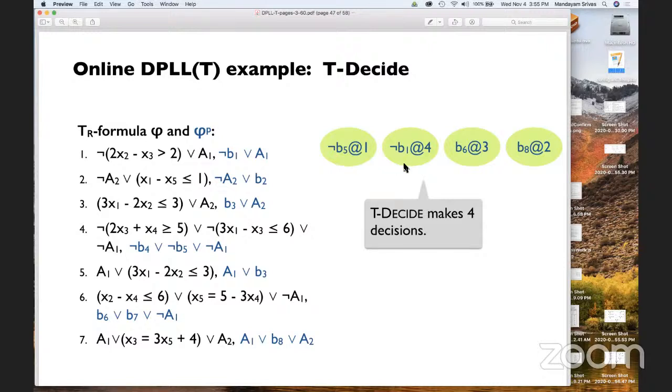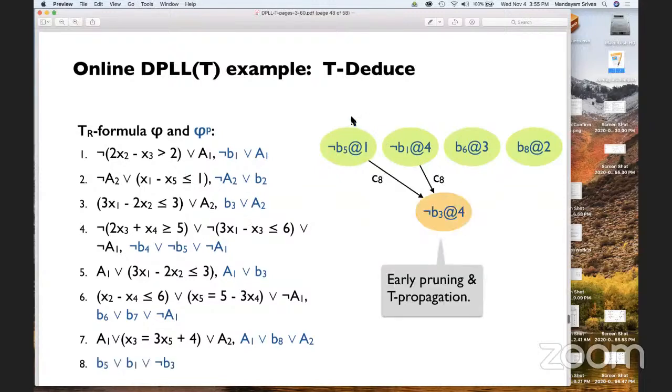Once there is a bunch of partial assignments, here each of B1, B8, B6, B5 is a linear arithmetic atomic literal. As you assert these assumptions, you need to check.